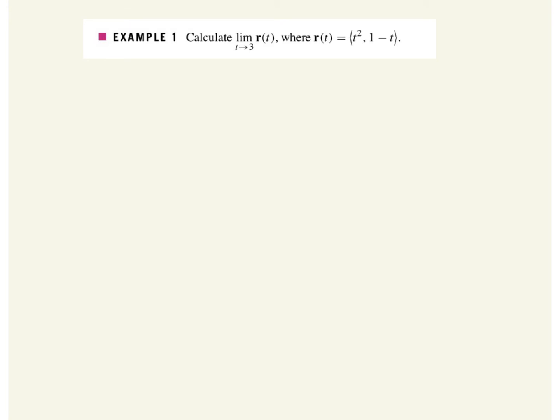So we are simply taking the limit of each component. So the limit of bolded r of t as t approaches 3 is equivalent to the limit as t approaches 3 of t squared, comma, 1 minus t, which is equal to, if I evaluate t squared at 3, it's continuous, there's no reason I can't just do direct substitution, and I get 9.